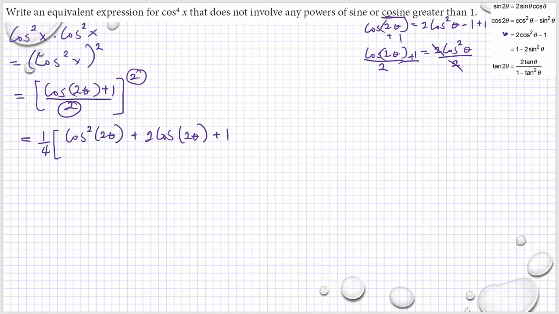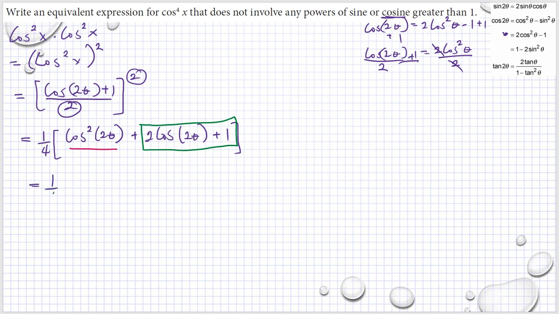plus 1. As you can see, I don't have any exponent greater than 1 for these two expressions. But I still have one for this expression, so I can use the formula one more time. My theta now is 2 theta. So it will become like this.